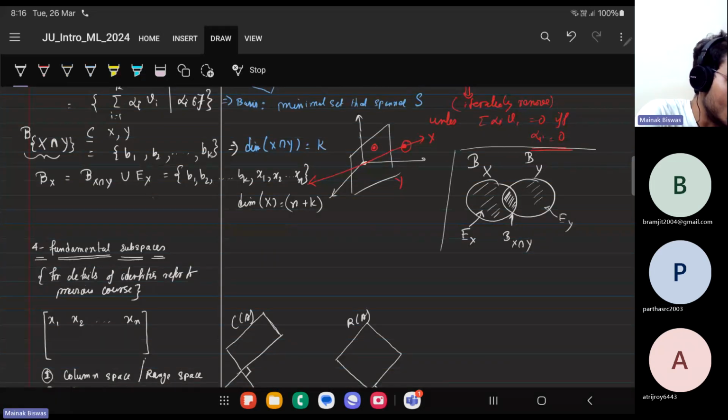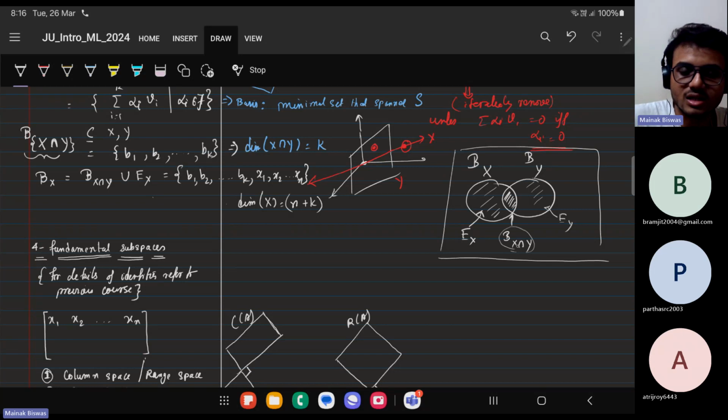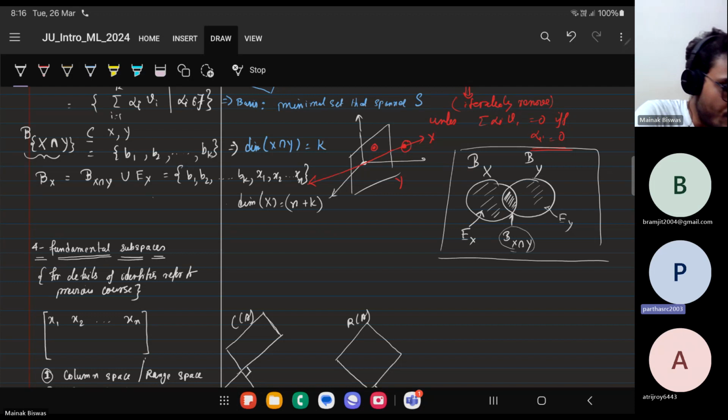It can be n dimensional also. X can be spanned by the basis vectors of X intersection Y plus the remaining vectors which cannot be spanned. Yes or no?